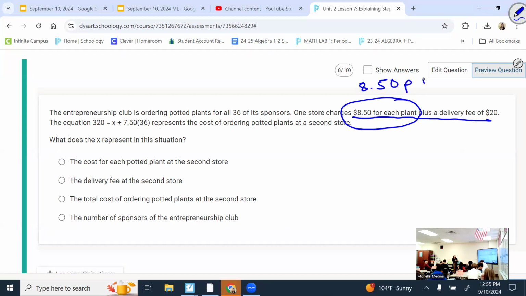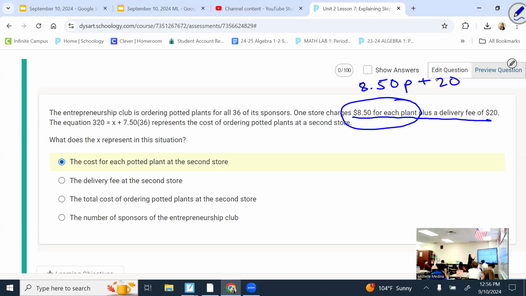Plus, so literally a plus sign, a delivery fee of $20. How often are they including that $20 delivery fee? For every plant, right? At least that's what I'm thinking. No, because it kind of sounds like maybe they're delivering it to one person. I don't know, but I'm gonna go with that. It's just a one-time fee. That's what I think.